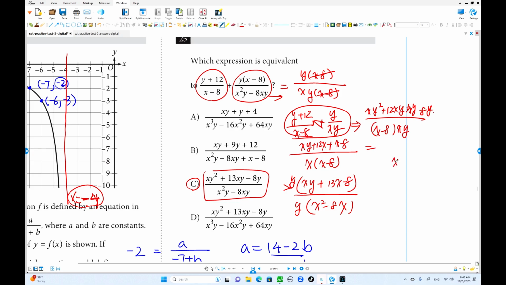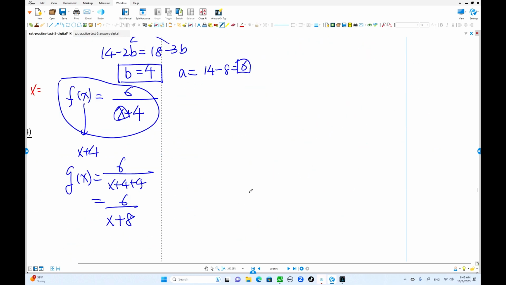But in this case, x squared y and minus 8xy over xy squared plus 13xy and minus 8y, okay? You can get the same numbers, but either way is okay, right? Anyway, you're going to find the equivalent, okay?